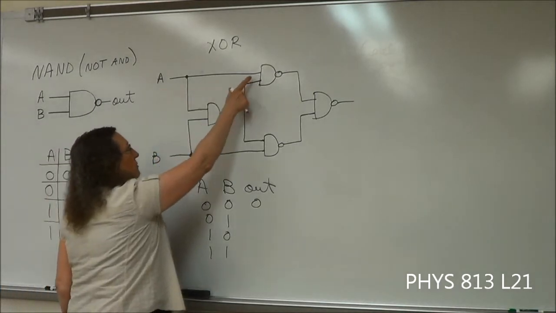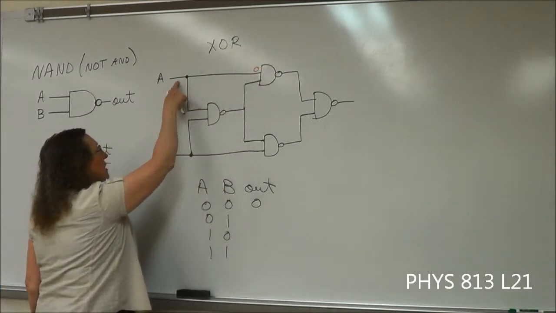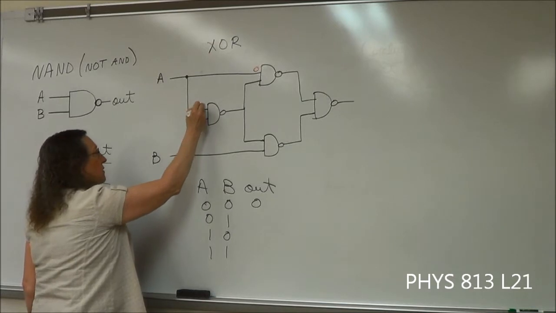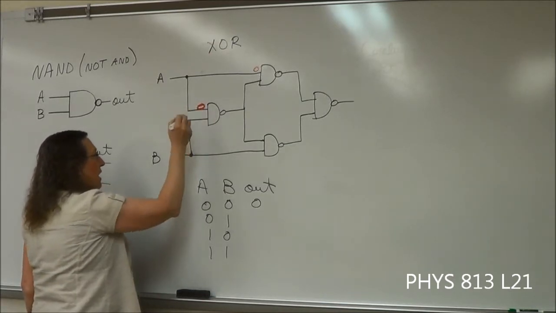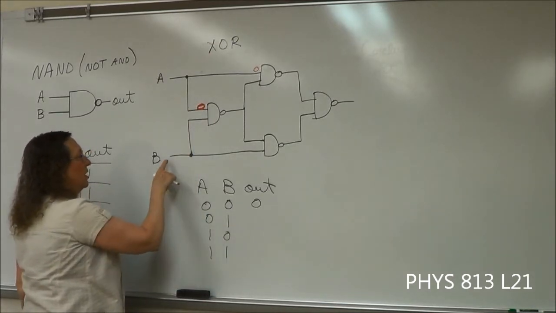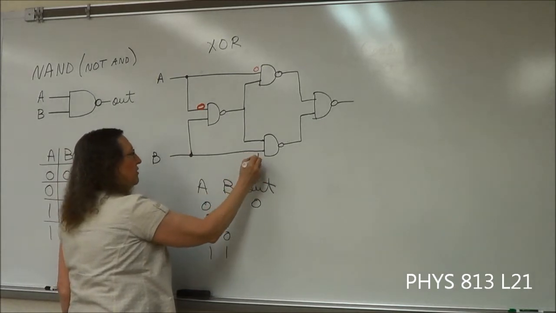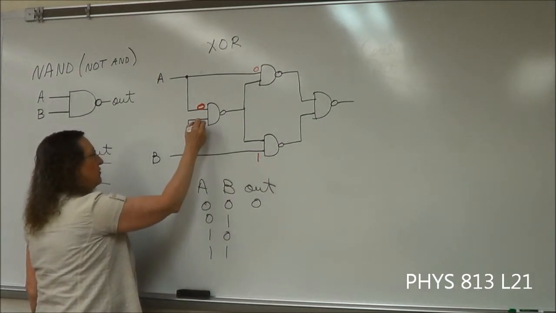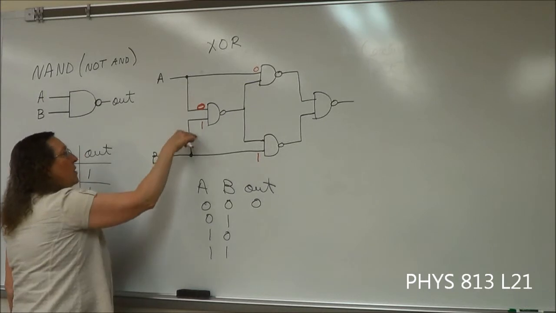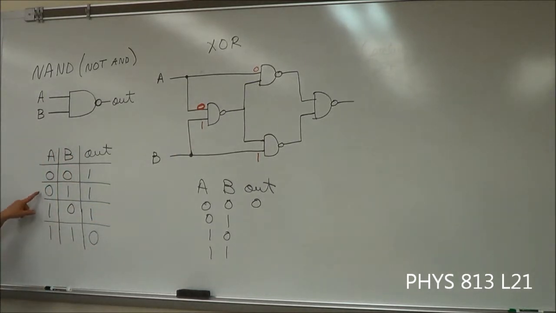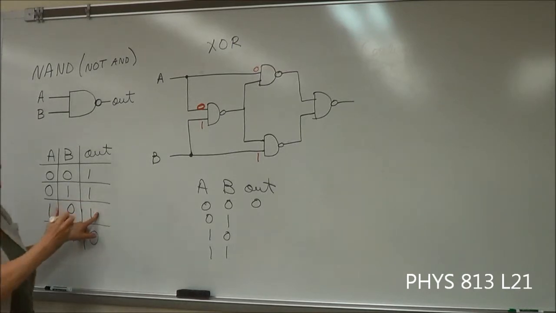A is 0, goes over here to 0. It comes down to here. And then B is 1, so B goes over to here for 1, it goes up to here for 1. Now, we have 0 and 1, and again it doesn't matter whether we have 0, 1 or 1, 0. We still end up with the output is a 1.